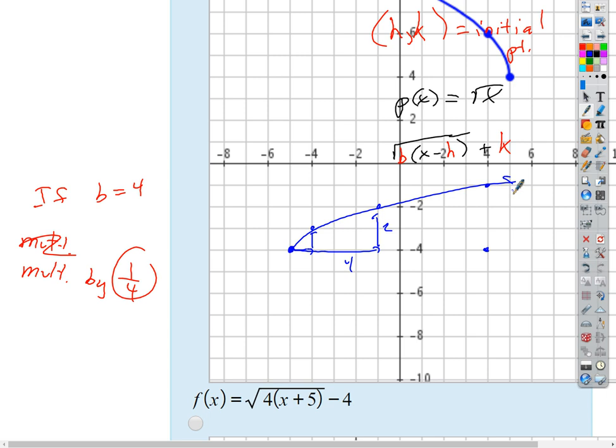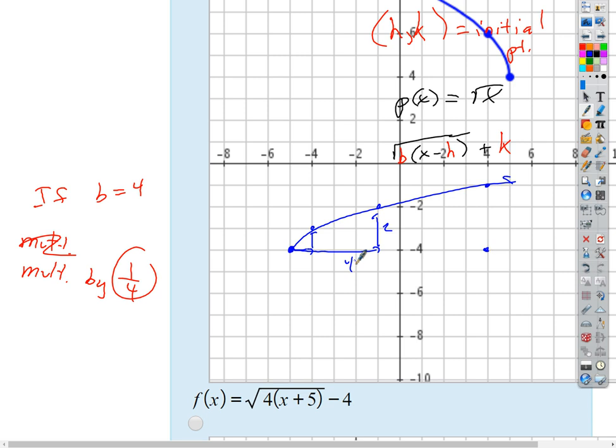But now, what if I'm multiplying those horizontal changes by 1/4? What's a horizontal change that's going to play nicely with 1/4? Not 1, 1 times 1/4 is 1/4. Not 9, 9 times 1/4 is 9/4. 4 looks pretty good though.